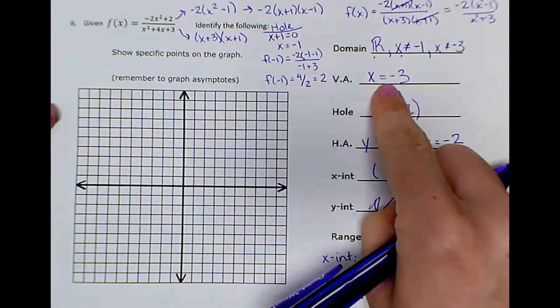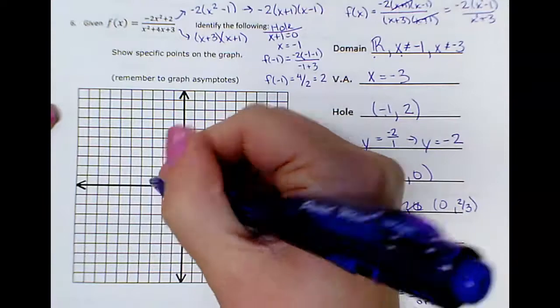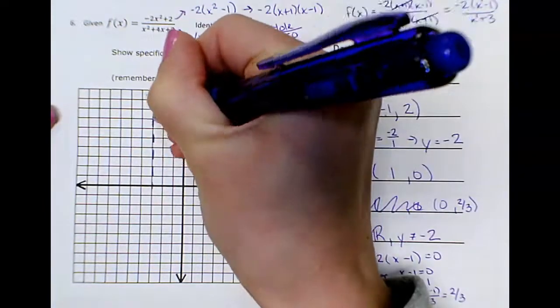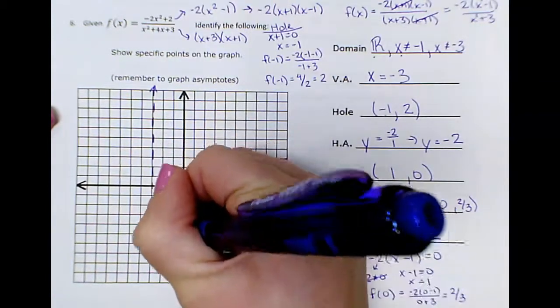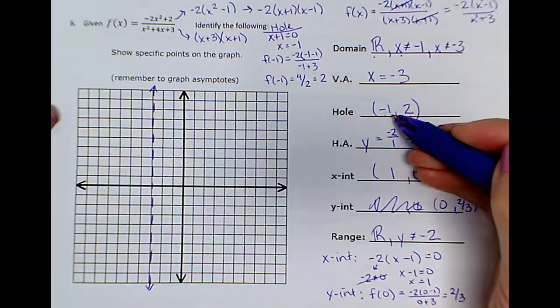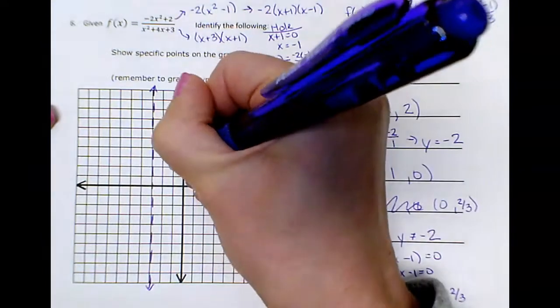The vertical asymptote is at x equals negative 3. So 1, 2, 3, here it is. Asymptotes are typically depicted with dotted lines or dashed lines. The hole is at negative 1, 2. So negative 1, 2, there's a hole here.